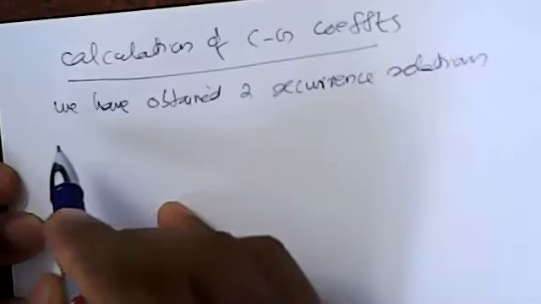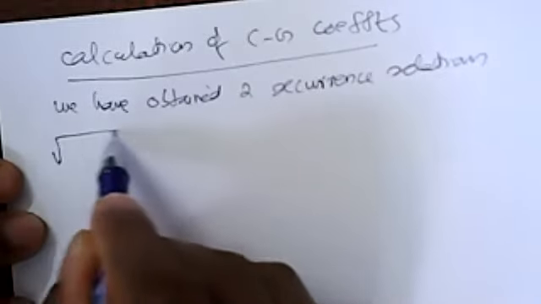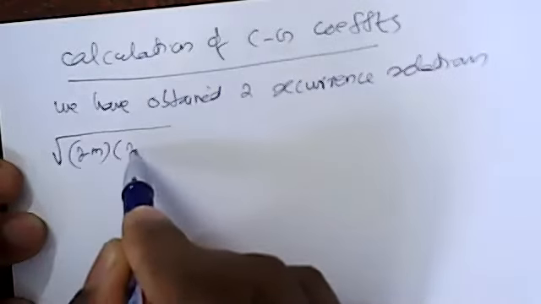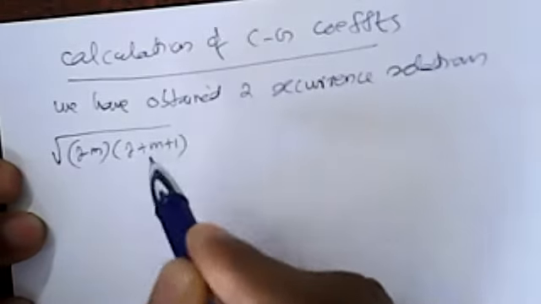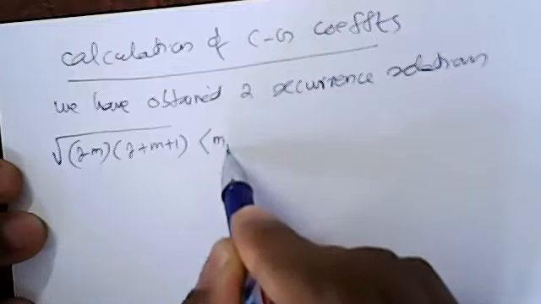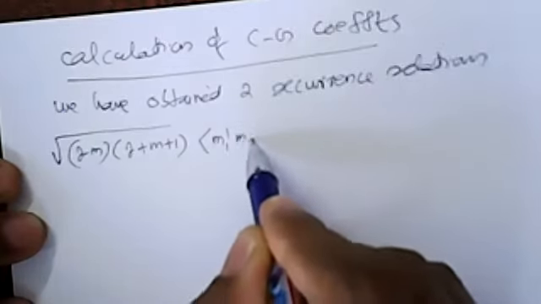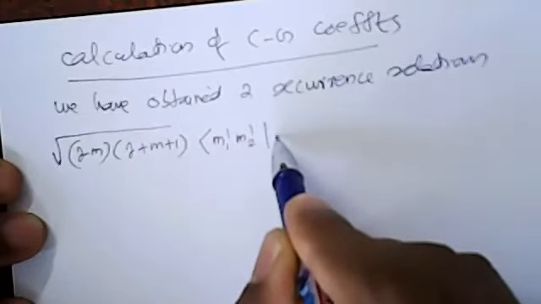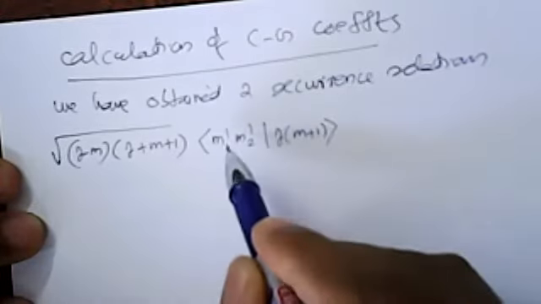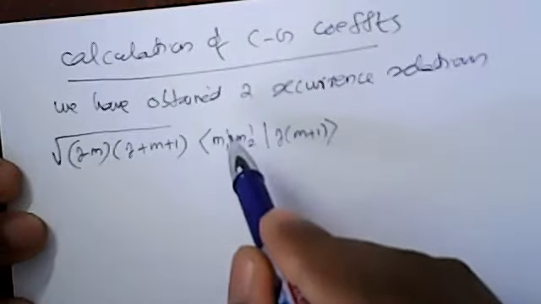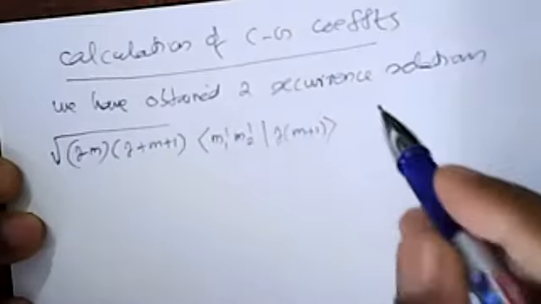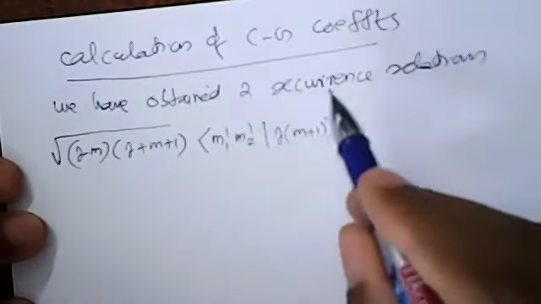First one: root of (j minus m)(j plus m plus 1), then <m1', m2'|j, m+1>. Actually, if you want to remove this prime, you can remove it, no problem. I am writing with the prime, but no problem even if you remove the primes.